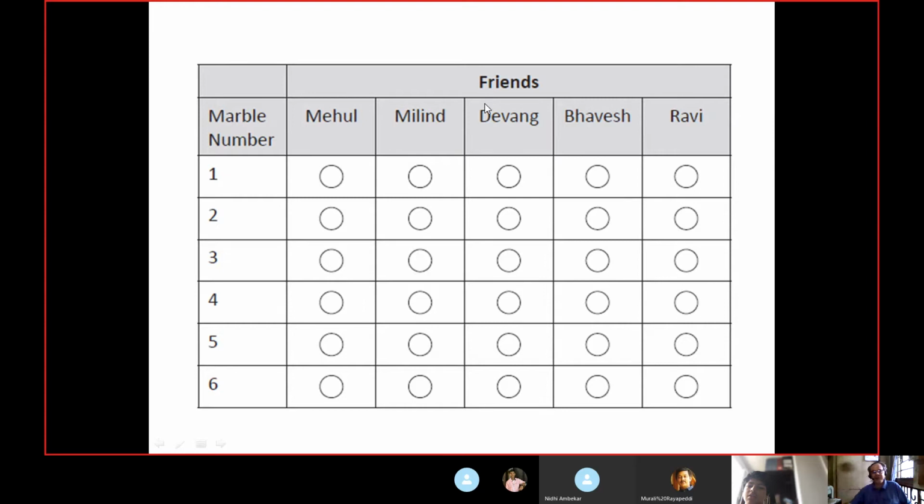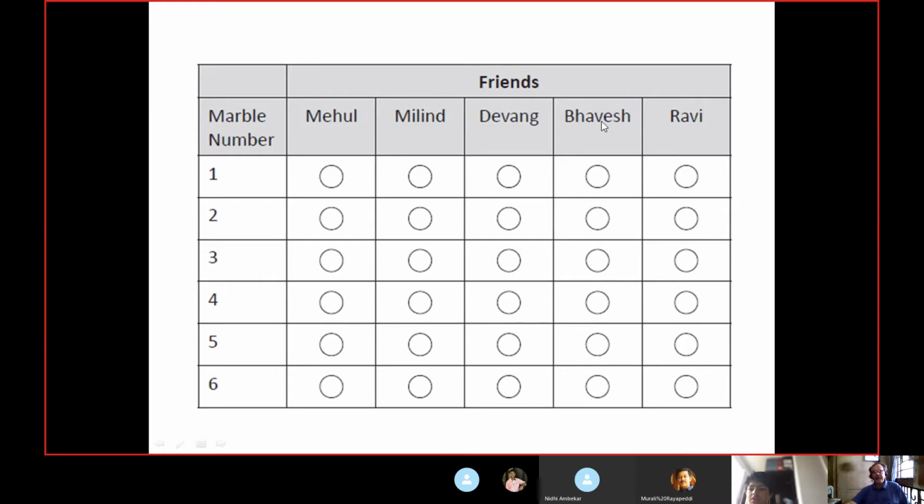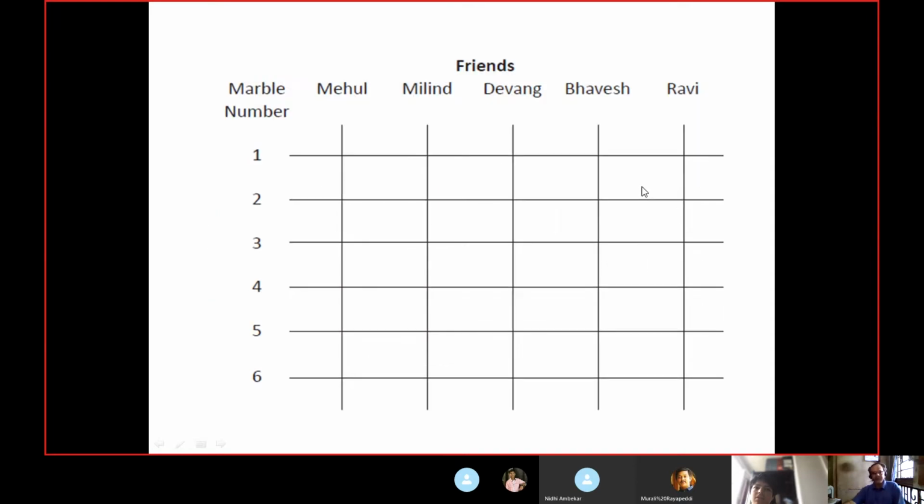I'm giving 6 marbles to each of my 5 friends: Mehul, Milind, Devang, Bhavesh, and Ravi.